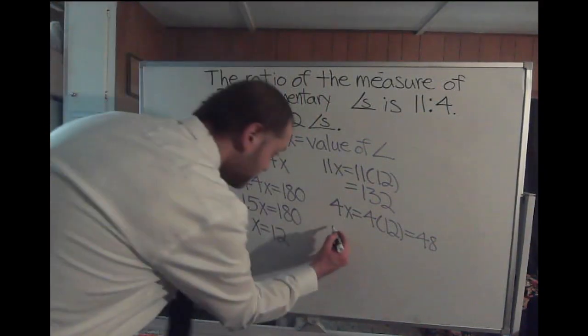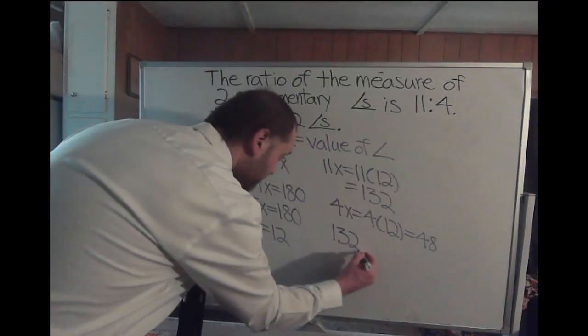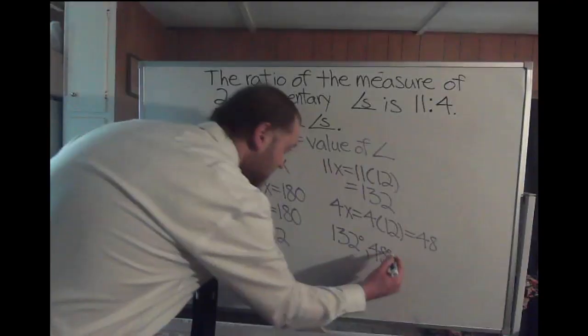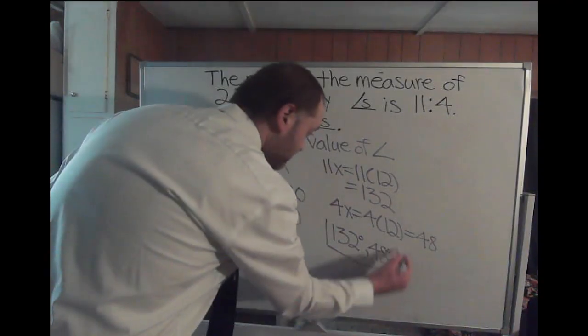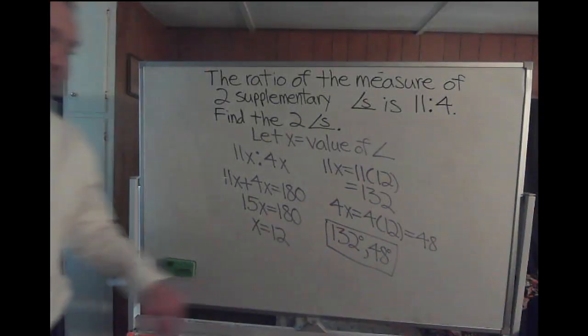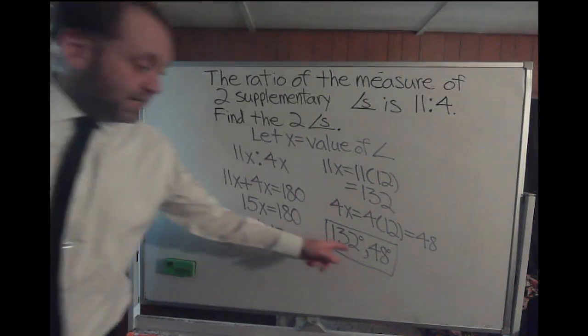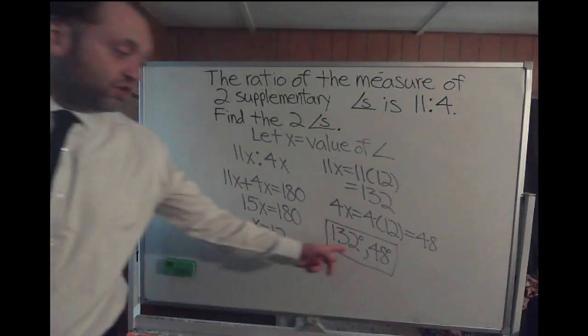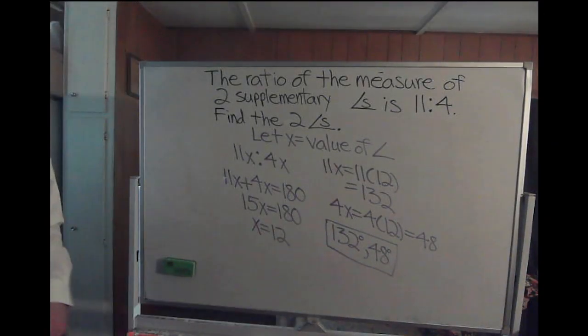So the value of the two angles is going to be 132 degrees and 48 degrees. Those are the two angles you're looking for, 132 and 48. And if you add these together, you'll get 180 since they're supplementary, and if you put them in a ratio to each other, they would in fact be 11 to 4.